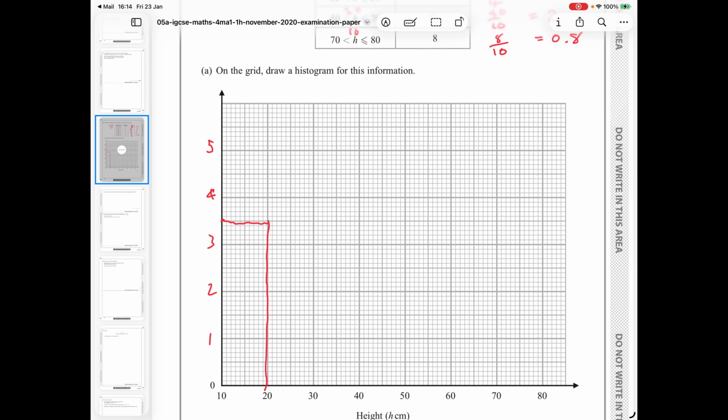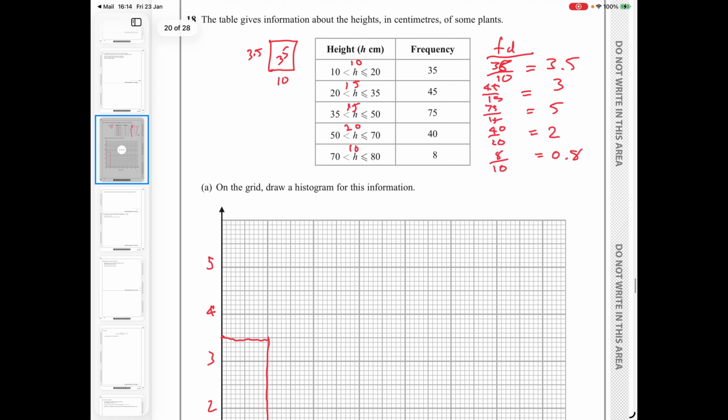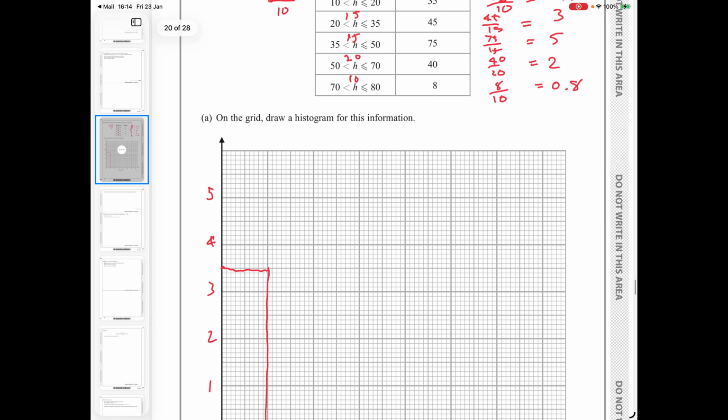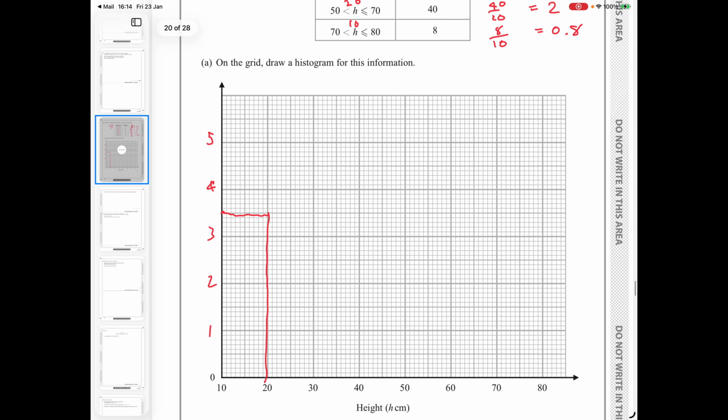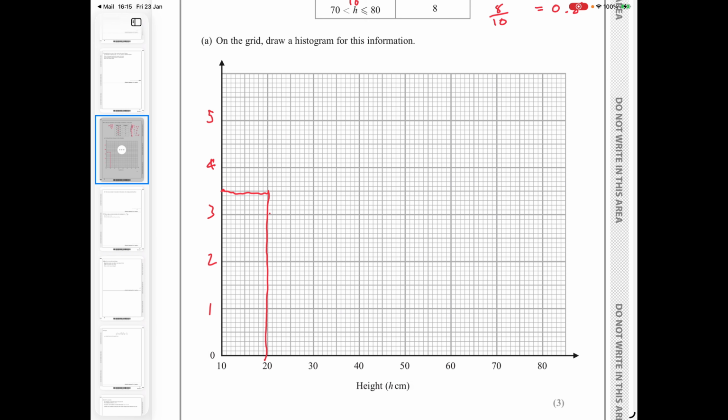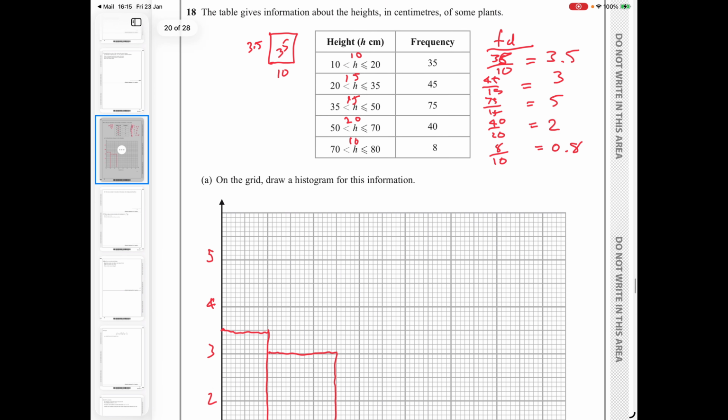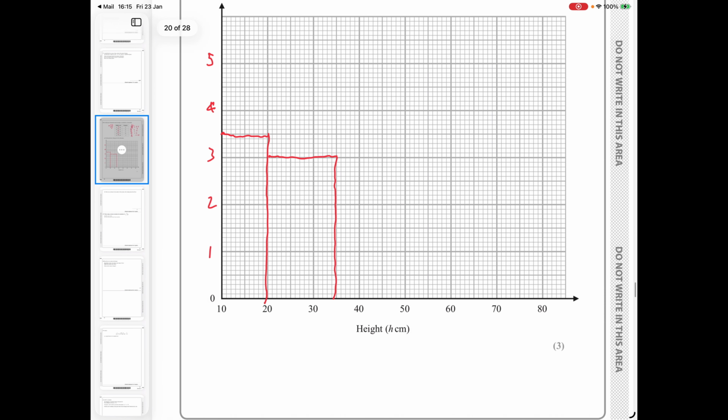Use a ruler. Don't do what I do. 20 to 35 is 3. 35 to 50 is 5.